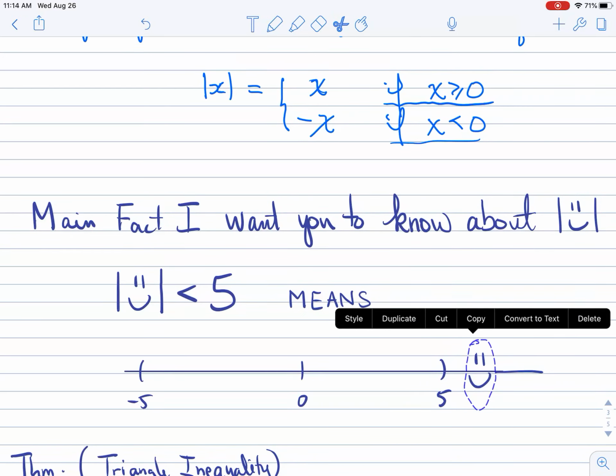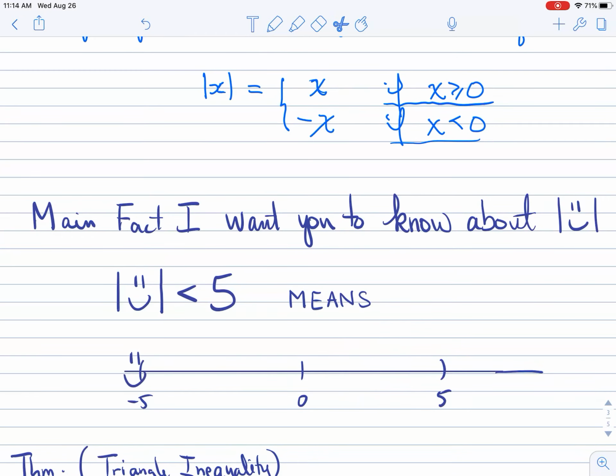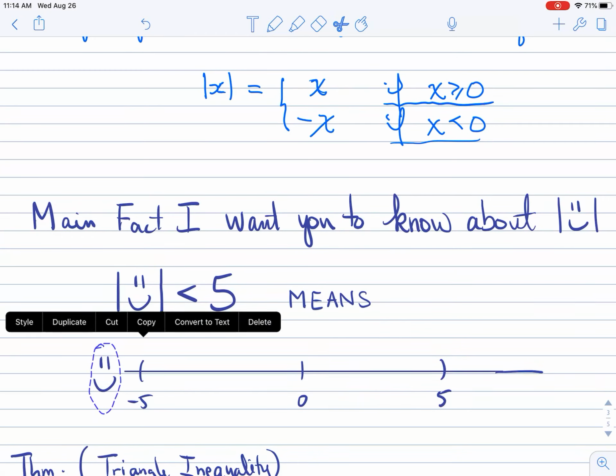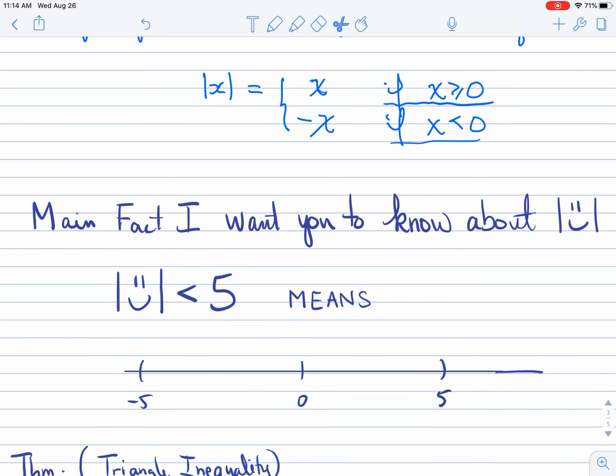Well, I guess it can't be bigger than 5. If I put it out there, its absolute value won't be smaller than 5. And I can't put it out here, right? If it were -6, then the absolute value would be 6, and that's not smaller than 5. And so where can I put this smiley face? It means that that smiley face has to be between 5 and -5.